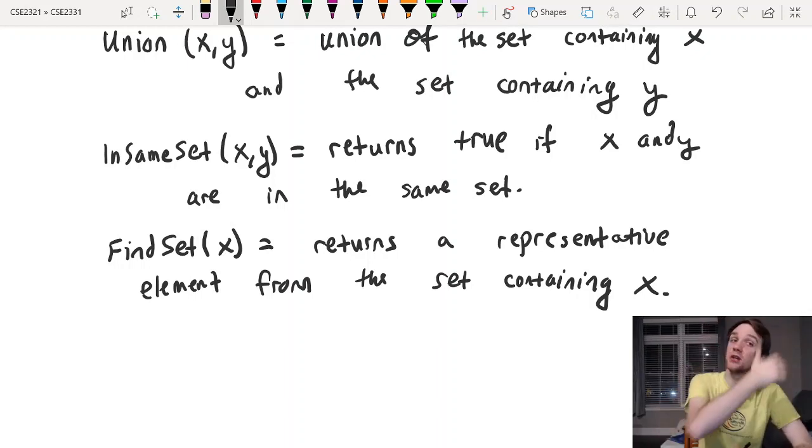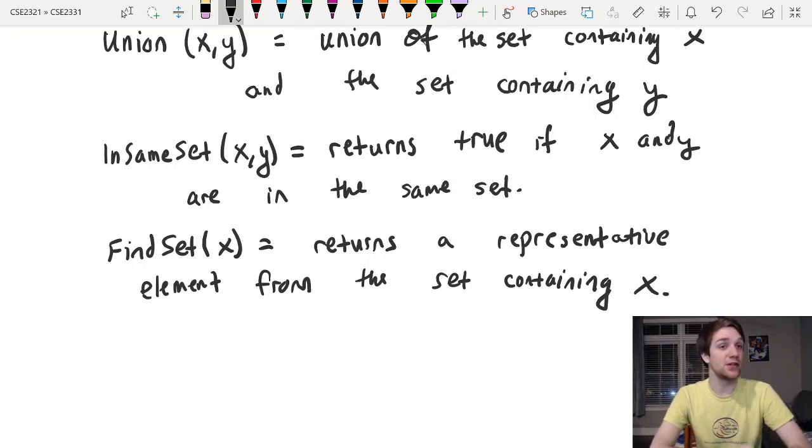The equivalence relation here being in same set. So this has some nice mathematical theory underlying it in that sense.